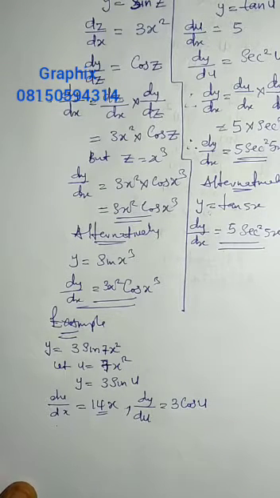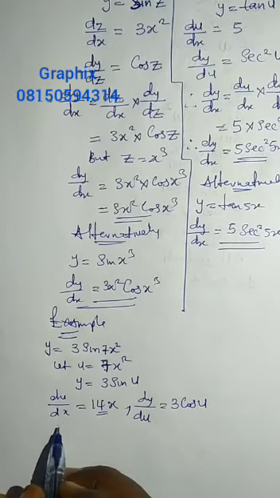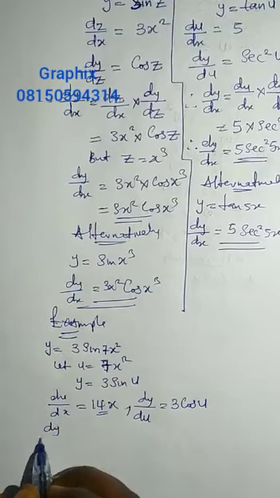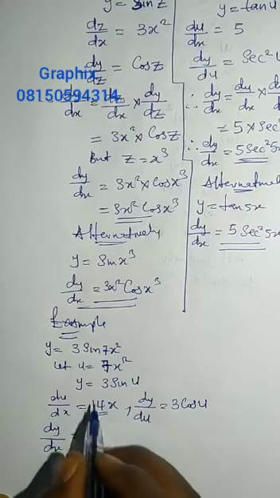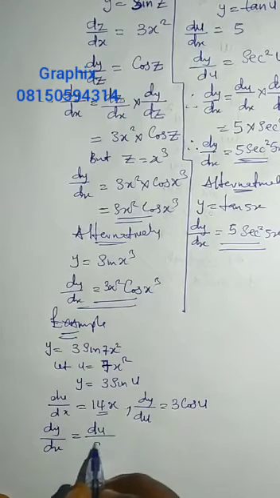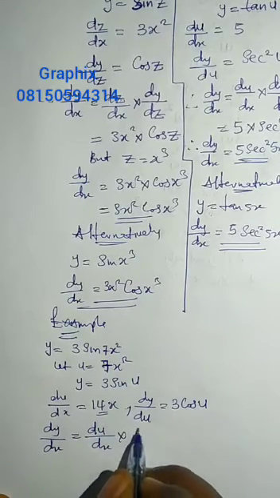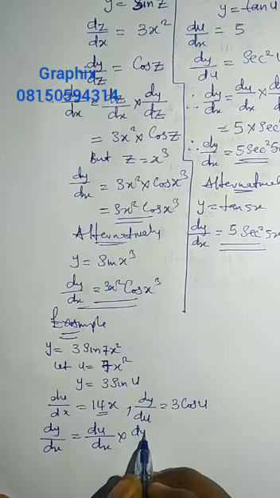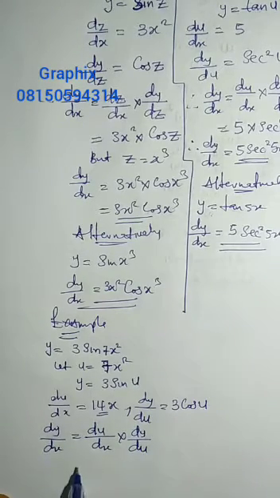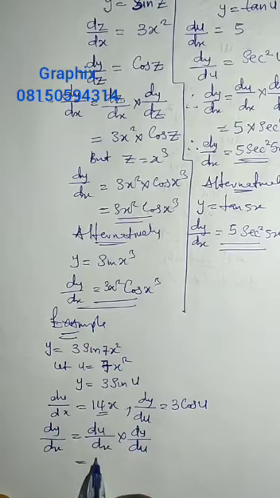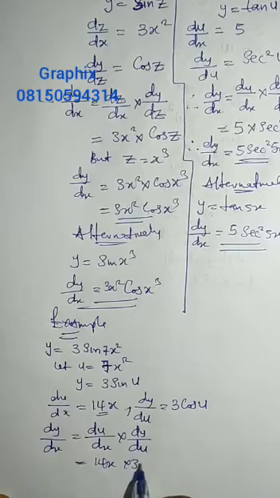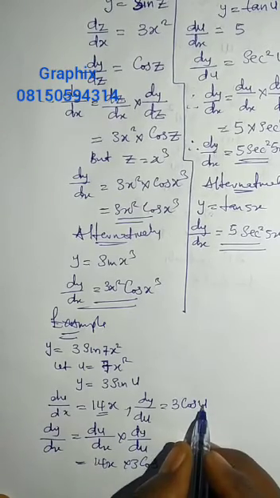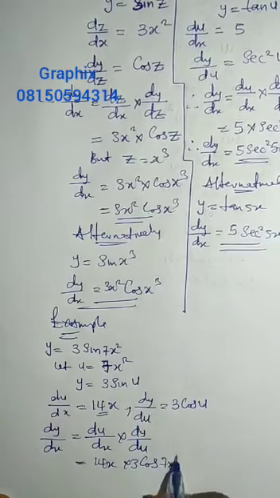Are we good? So I'll multiply both of them together, and that will give me dy over dx equals du over dx multiplied by dy over du. So what is du over dx? That is 14x. And what is dy over du? That is 3 cos u, and u is 7x squared.